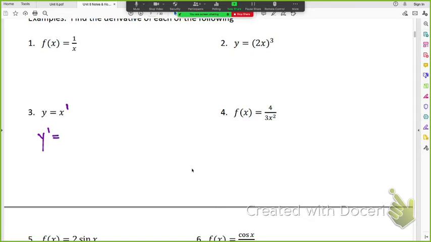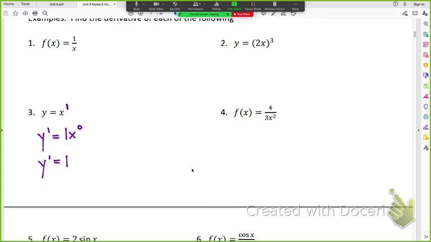So the derivative is y prime. What does my rule say for this? Take your exponent, bring it to the front, keep the x, and do what with your exponent? Minus 1, which makes the x disappear. So what is my final answer for this? Y prime equals 1.